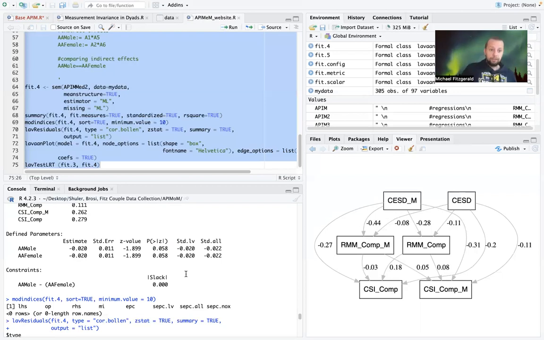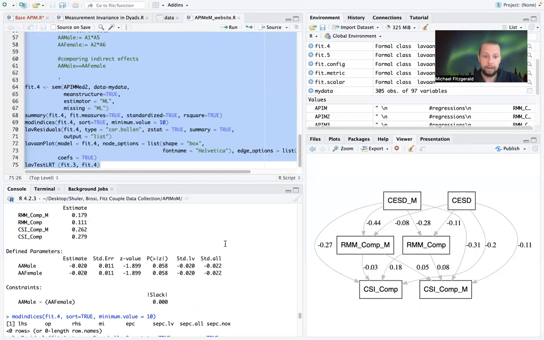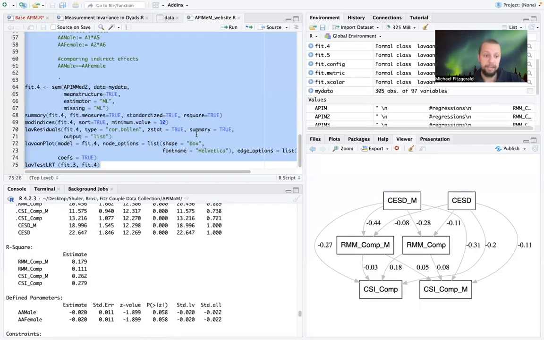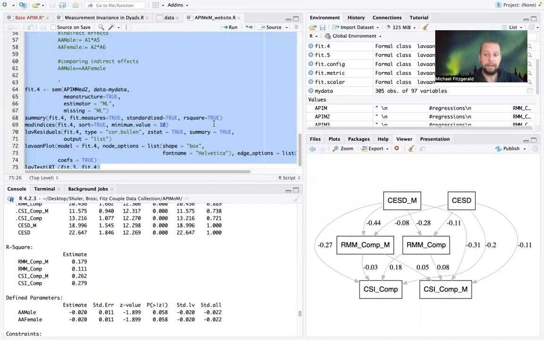So one of the potential problems here is that we might not have statistical power to detect that small of a difference between the indirect effects. Even though we have a sample of 305 dyads, so 610 people, we might not have sufficient statistical power in order to detect that difference in those indirect effects.